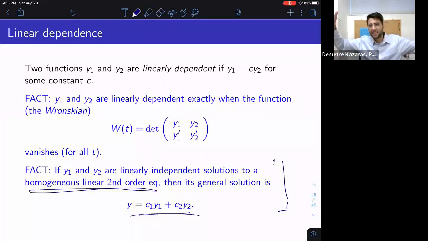I need to tell you these theory facts in order to get a strategy down to try to solve the equations. We need to find two solutions that are linearly independent, then linear combinations will do the trick. Okay, so that's the structure part.